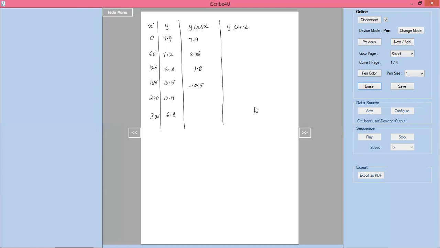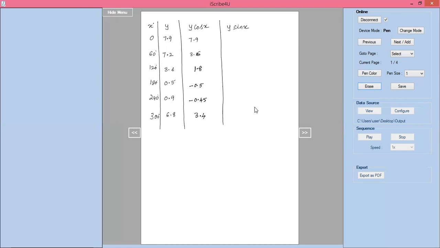Next, 0.9 into cos 240 is minus 0.45. Next, 6.8 into cos 300 is nothing but 3.4. Next one should be y sin x.